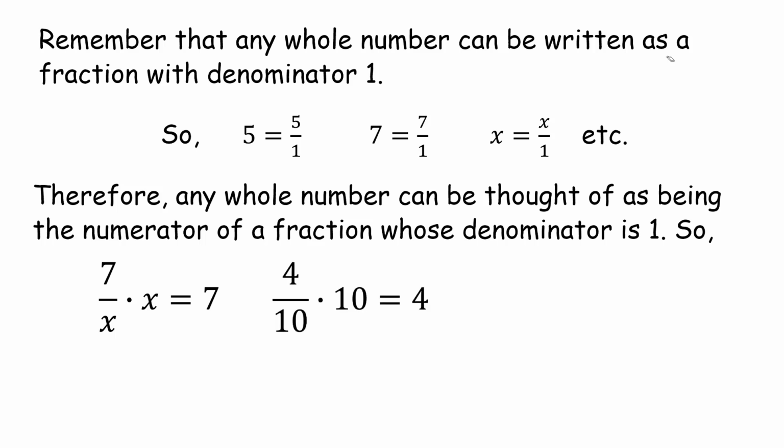If I write 4 over 10 times 10, that equals 4 because the 10s are going to cancel out, because one of them is in the numerator right here and one is in the denominator. And so that's just 4. If I have 2x over y and I multiply that by y, it equals 2x because this y is in the denominator and this y is in the numerator. A whole number is in the numerator.